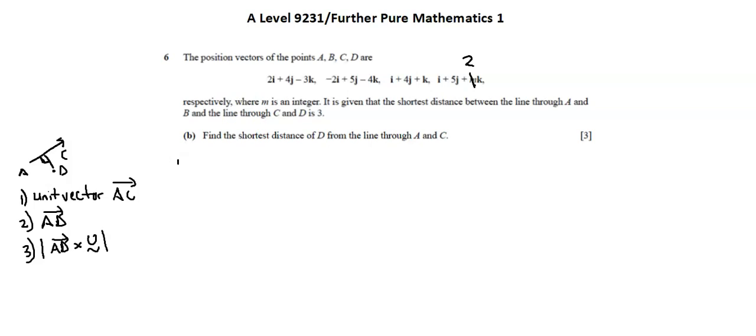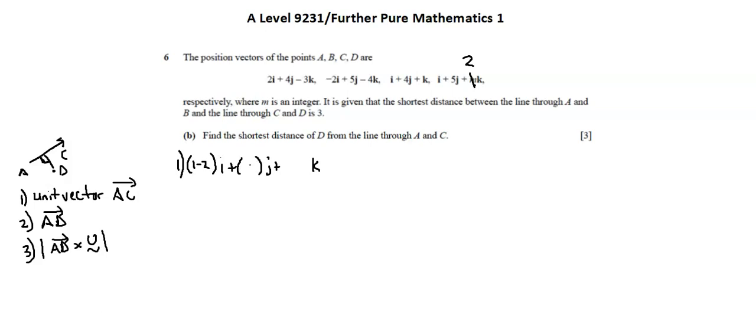For 1, I'll begin by finding the direction vector of AC. I'll have an i value, a j value, a k value. AC will be C minus A, looking at the i coefficients for C and A, 1 minus 2.